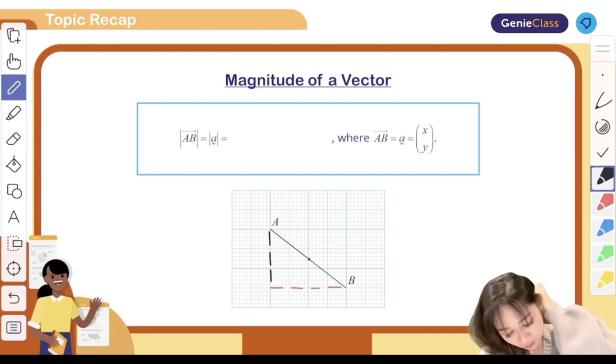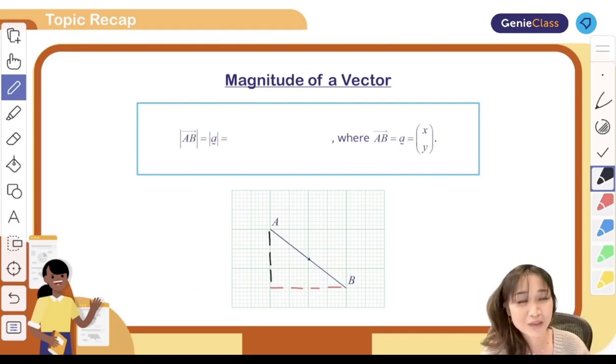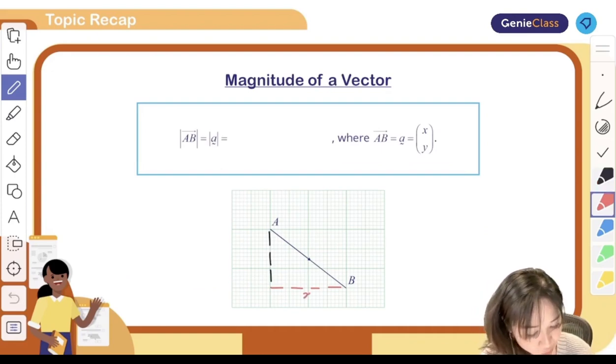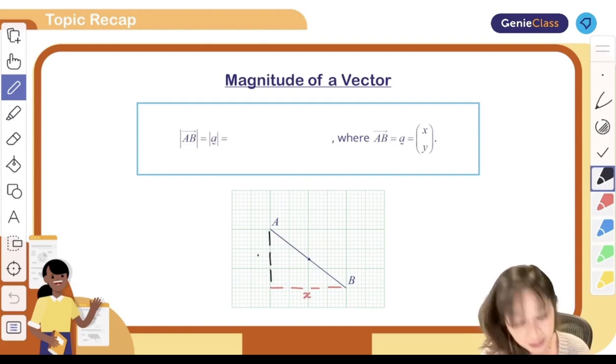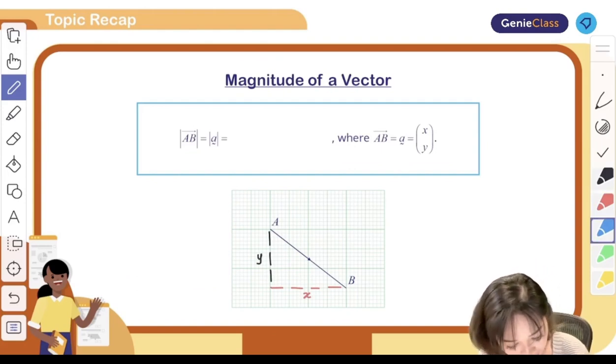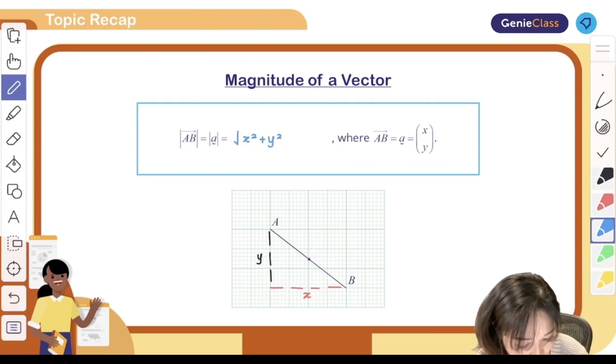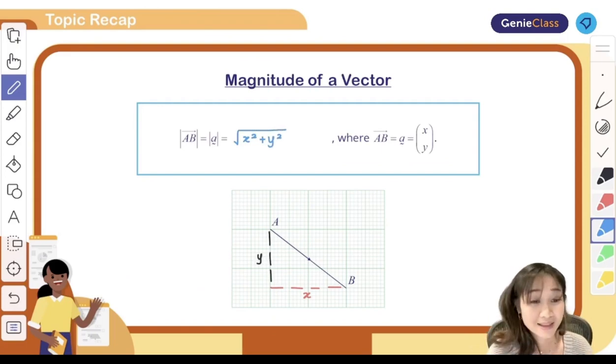Any vector, sorry, I almost said matrix, any vector can be represented as a column vector (x, y), where x represents the number of units moved horizontally, y represents the number of units moved vertically. Yes, and then to find the magnitude or the length, we just use Pythagoras theorem, so square root of x squared plus y squared. I hope you guys remember this.